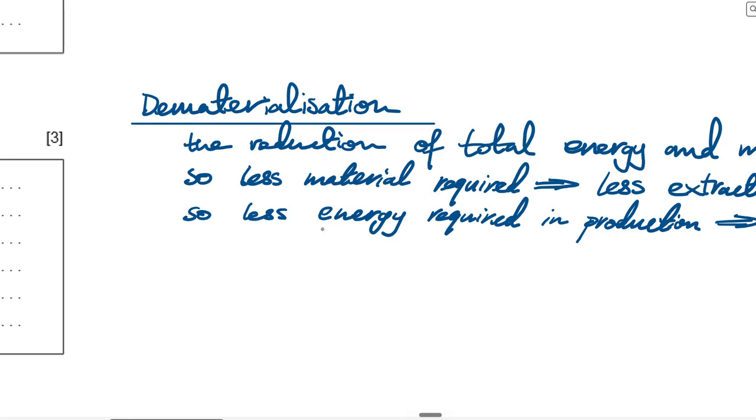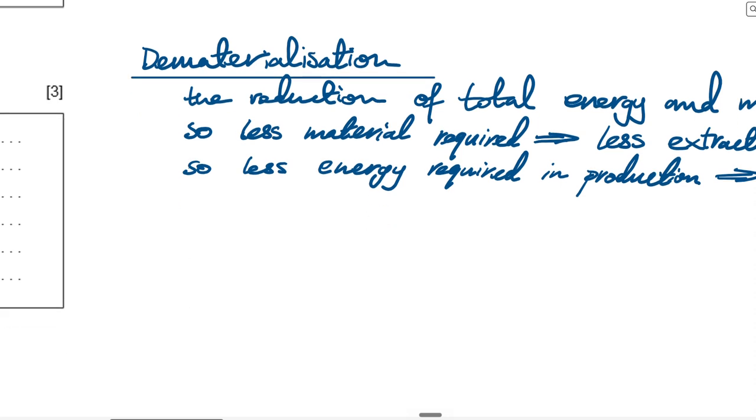So if we're using less energy, we're probably having less pollution, less emissions, less heat dissipation, which is waste. And if we're using less material, we're also reducing our waste, emissions, and pollution. So less waste produced at end of life, right?